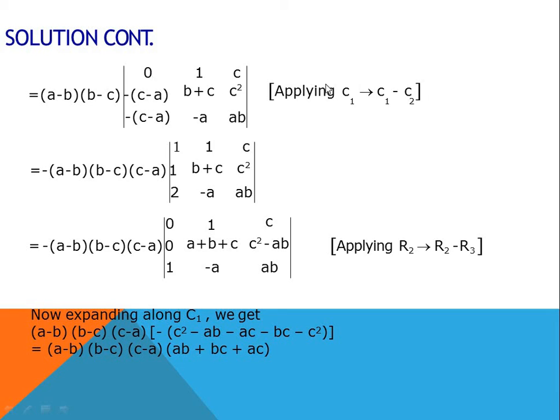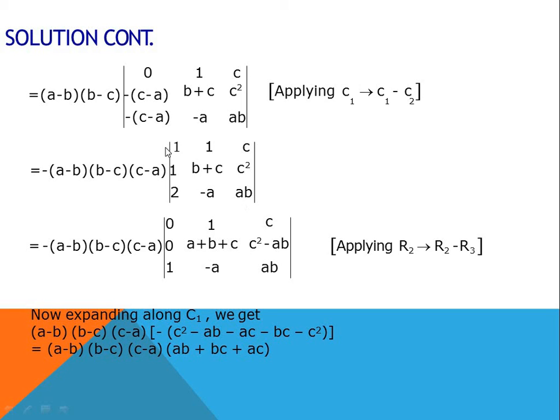If I follow this operation, you will get this determinant like this, which is written over here. Now in this case, if you observe the first column, then C minus A will be taken out as a common factor. So it will come out of this determinant, and finally you will get this value as 1, 1, 2, 1, B plus C minus A, C, C square, AB.